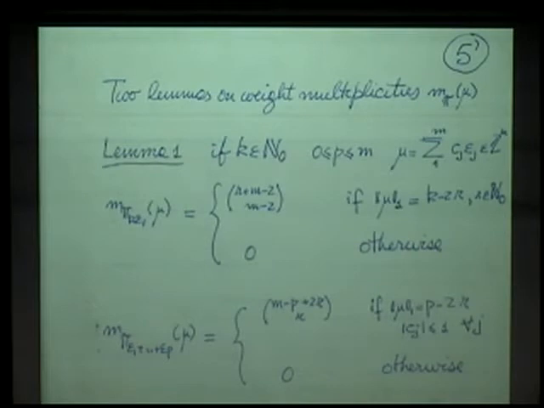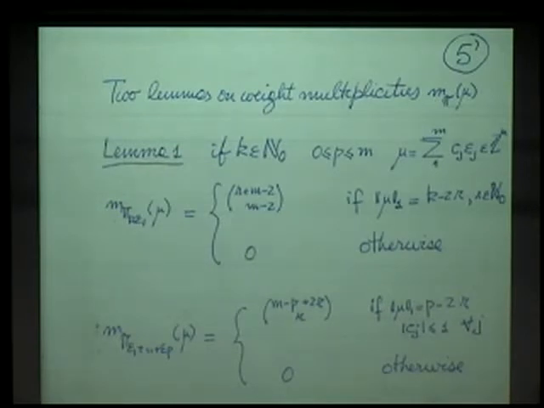So now we will need two lemmas on weight multiplicities. These are important in the sense that we take a weight mu, and the multiplicity of the weight mu in a representation with this highest weight is combinatorially given like that. And this happens if the norm 1 of mu is given by this number.